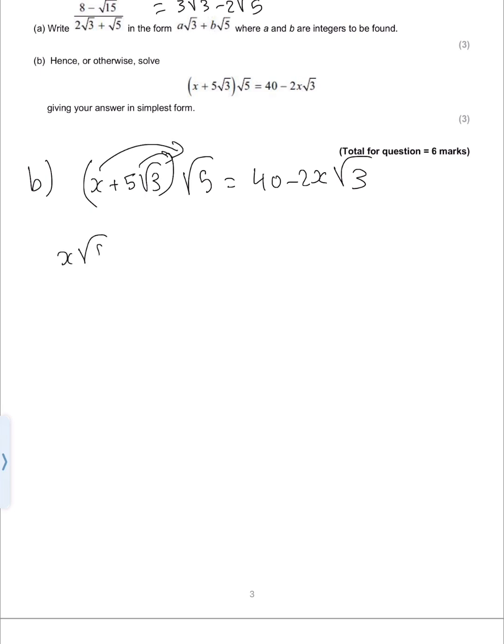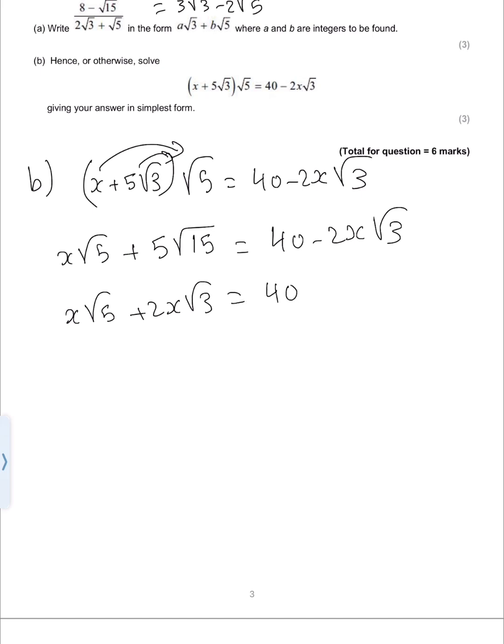We get x root 5 minus 5 root 15, plus 5 root 15, equal 40 minus 2x root 3. And then we move the terms in x to one side. So x root 5 plus 2x root 3 is 40 minus 5 root 15.